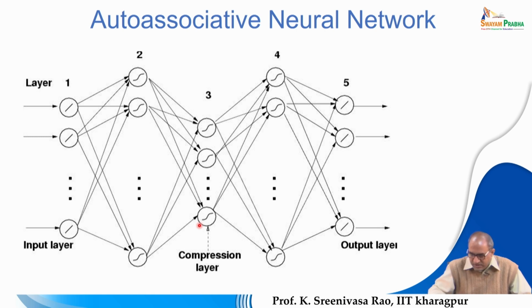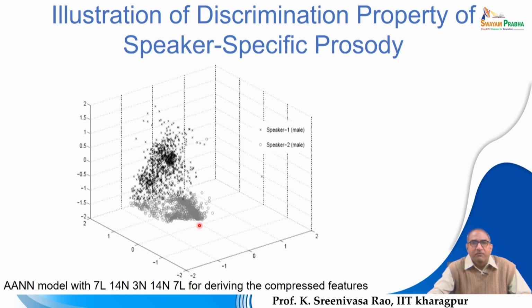In the next plot you can see the auto associative network of this structure. It contains 5 layers, with 7 units as the input, because 7 different features were considered.